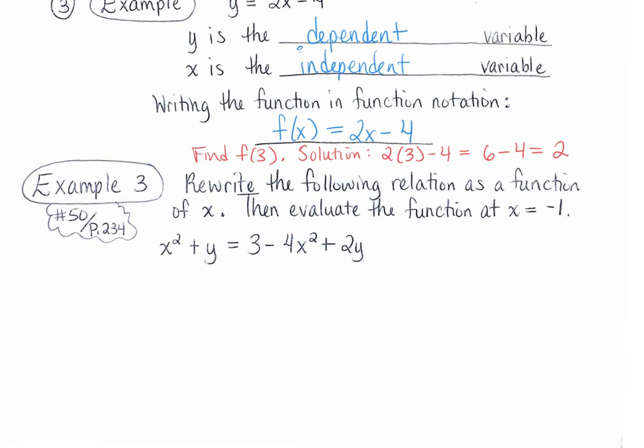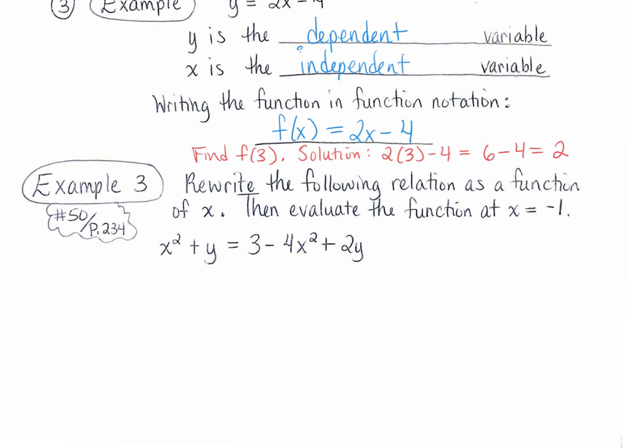We want to rewrite the following relation as a function of x. Then evaluate the function at x equals -1. So what we want to do, we want to solve this for y. After we solve it for y, we then want to replace y with f of x. And then we want to find f of -1.